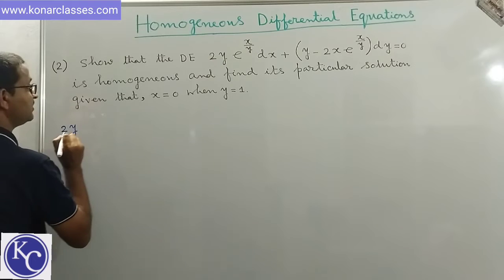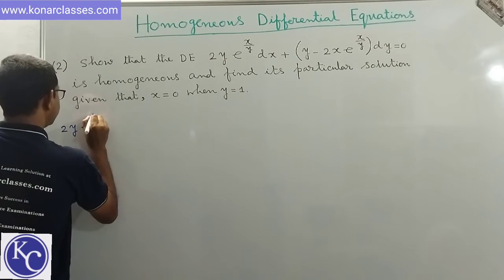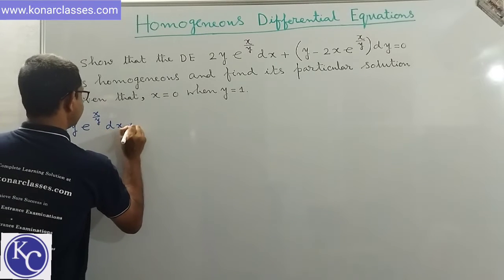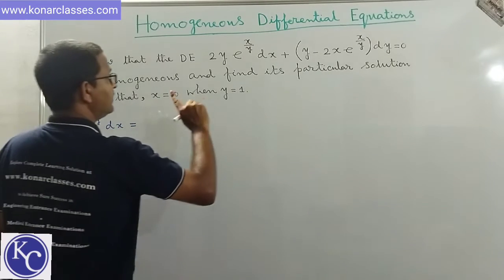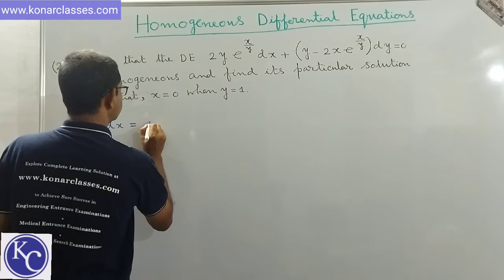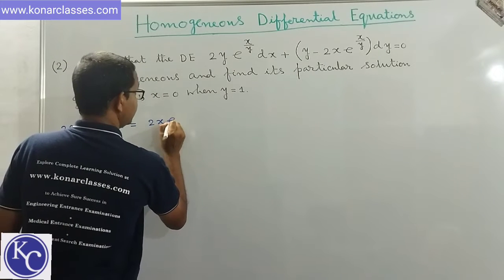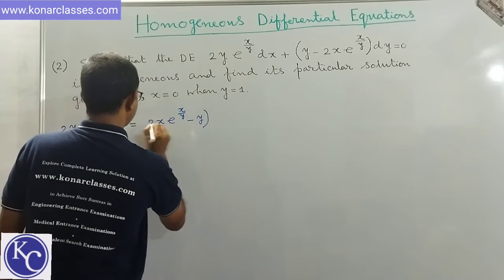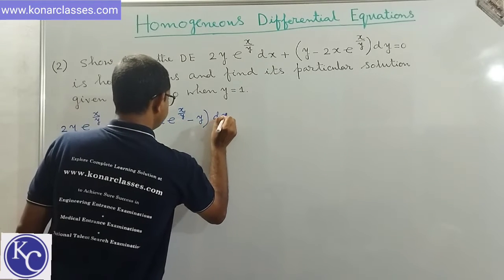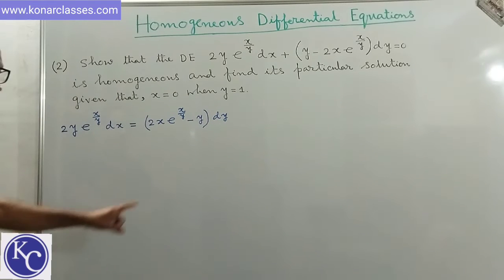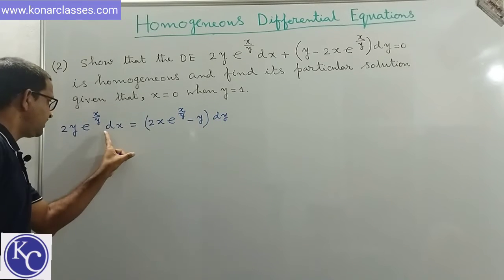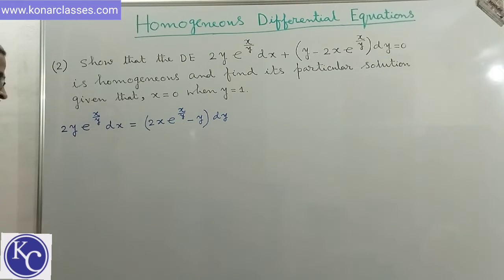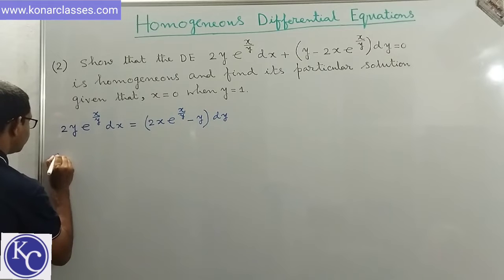From the given differential equation, 2y e^(x/y) dx equals (2x e^(x/y) minus y) dy. Now we take this dy on the left hand side and 2y e^(x/y) on the right hand side. So from here what we get, dear students?